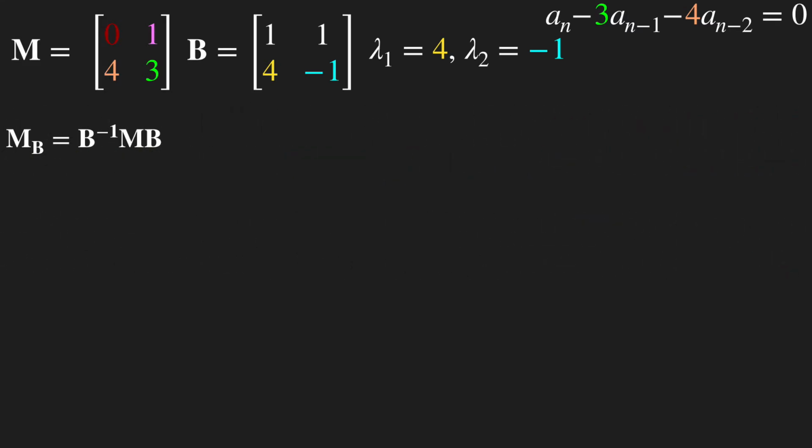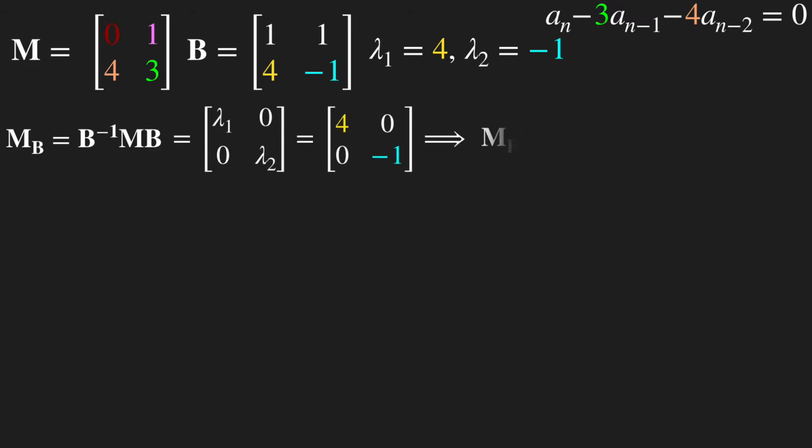But we need not go through all this to find M sub B. We can simply go back to why we're doing all this in the first place and what eigenstuff actually means. Under M, the eigenvectors simply get scaled by their eigenvalues. So if we start expressing vectors as linear combinations of these vectors, then their components will simply get scaled by the eigenvalues, making repeated matrix multiplication exponentially cleaner.